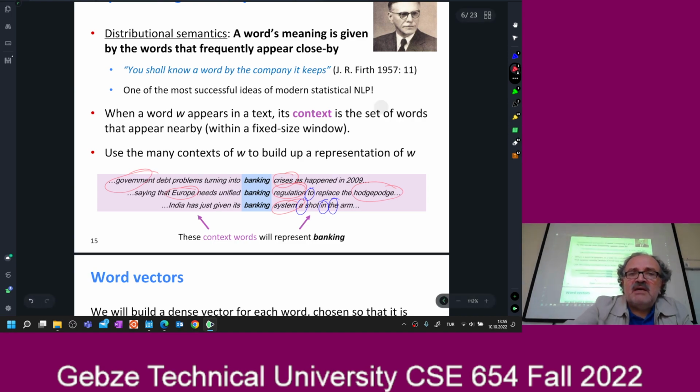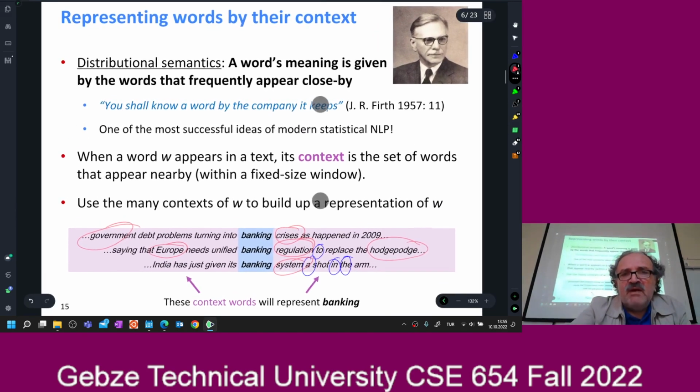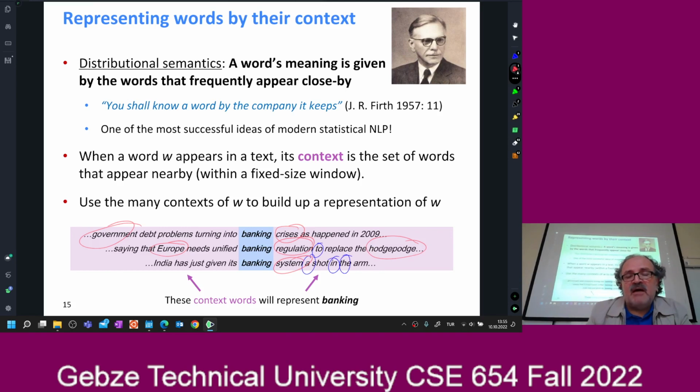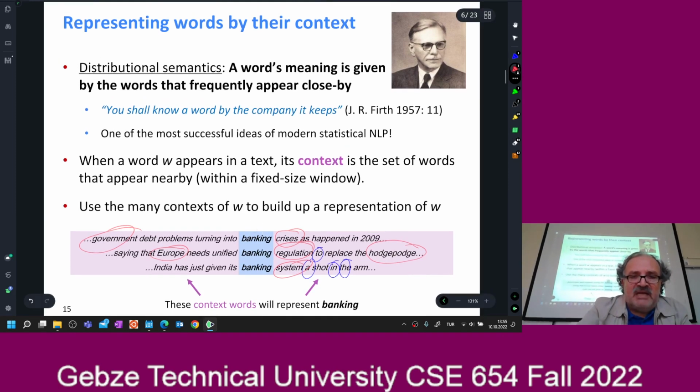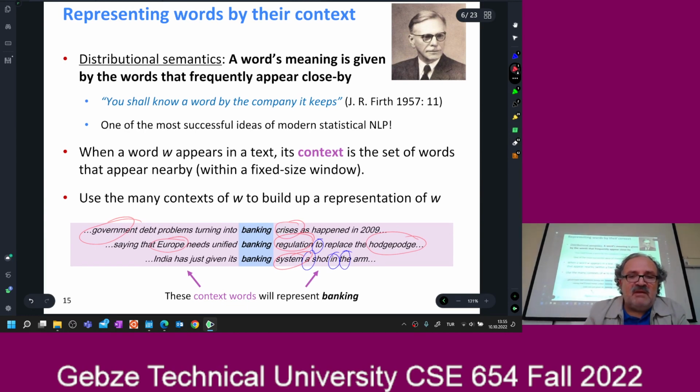Maybe you guessed it, we are going to find an unsupervised system that will assign these kind of vectors to these kind of words. We are going to assign those vectors in a way that the similarity between these words will be high, or the multiplication of the vectors of this word and this word will be high.